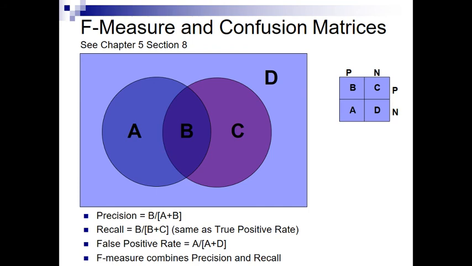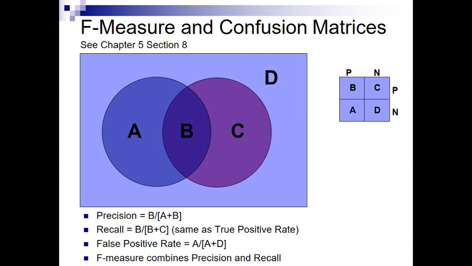False positive rate is kind of the mirror image of recall. So instead of thinking in terms of those things correctly classified as positive divided by all those things that are actually positive, here we are looking at those things falsely recognized as positive. So those things are negative, but they were predicted as positive.